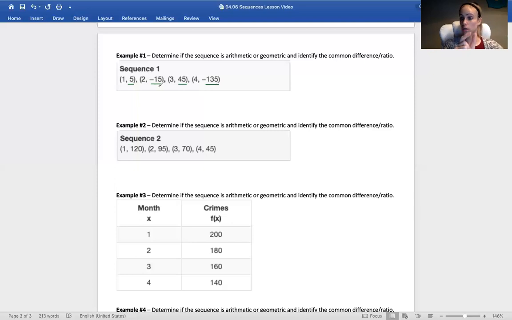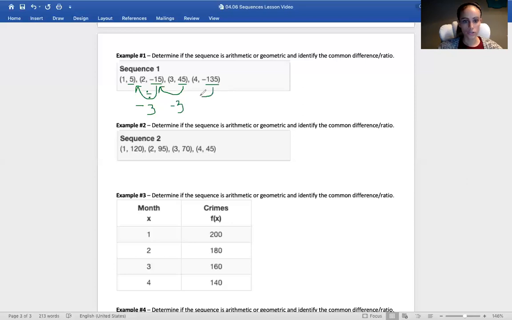So we'll take our term and divide it by the previous to help us find that common ratio. So negative 15 divided by 5 is negative 3. Let's do it to our next set to see if I was correct and verify that it's common. So 45 divided by negative 15. Yep, that's also negative 3.